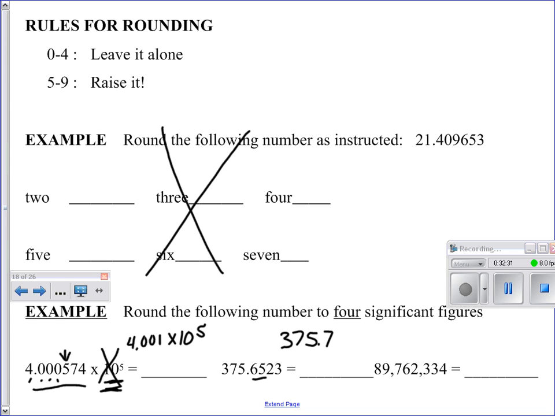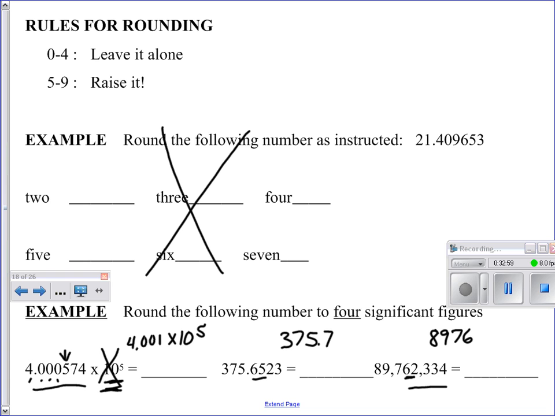And then finally, 897, I'm looking here, it's going to remain a 6, it's not going to go to a 7. So is that it? Am I done? Did I round correctly? No, I forgot something huge, and this is what people commonly miss. If you're rounding a large number that doesn't have decimal points, don't forget to put in the insignificant zeros as well.